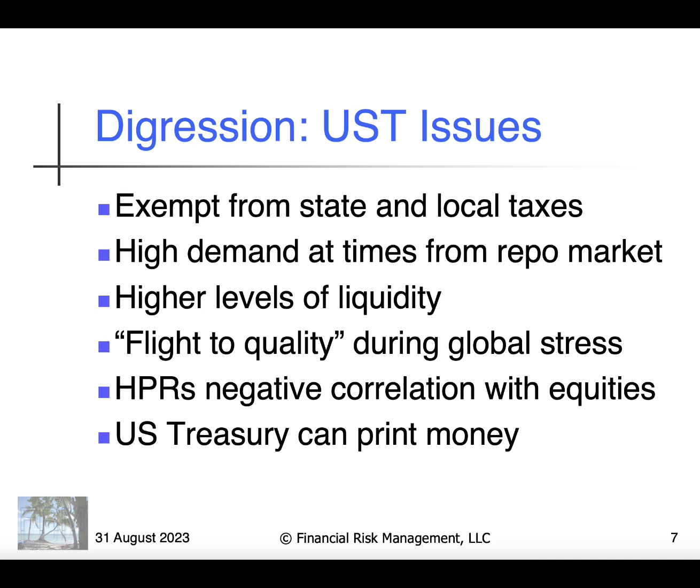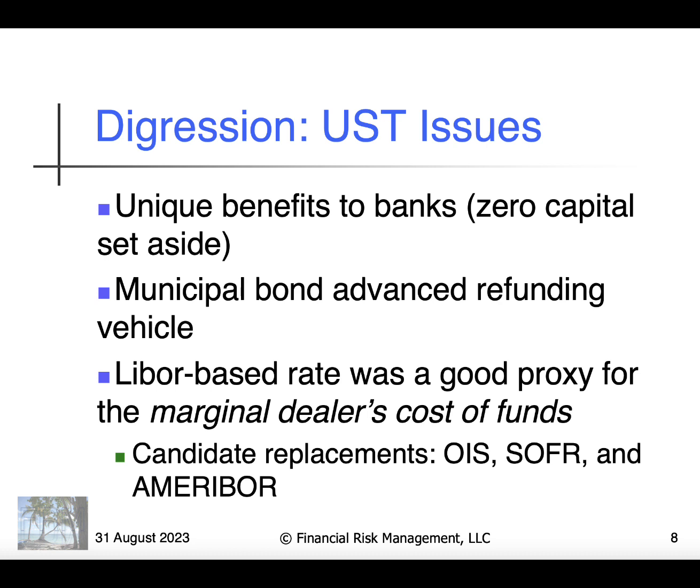Interestingly, holding period returns are negatively correlated with equities, and the U.S. Treasury can simply print money, which gives them just a significant advantage. Banks, there's unique benefits to banks for owning treasuries. There's something called municipal bond advance refunding. It's beyond the scope of what we're doing here, but again, it creates an artificial demand for treasuries, driving the price up, lowering the yield.